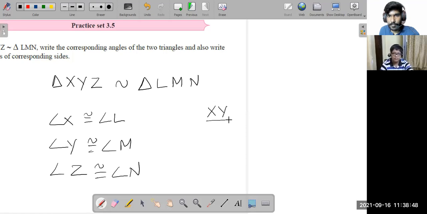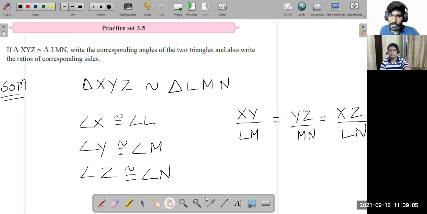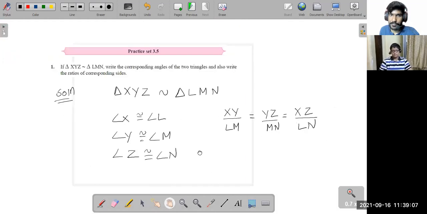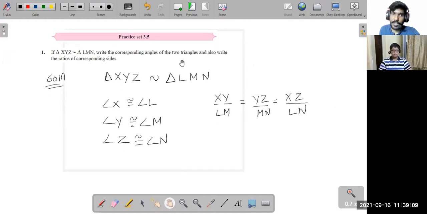XY upon LM equal to YZ upon MN equal to XZ upon LN. That's it. This is only what you had to write in this. Write this down in your notebook.